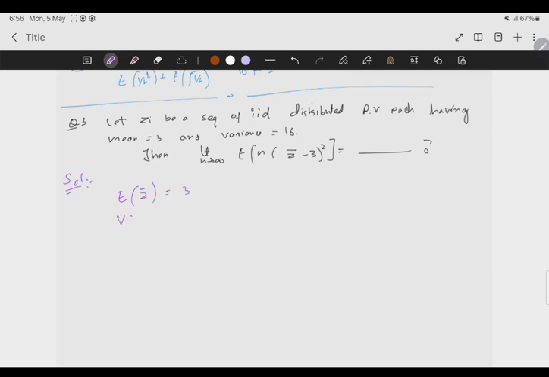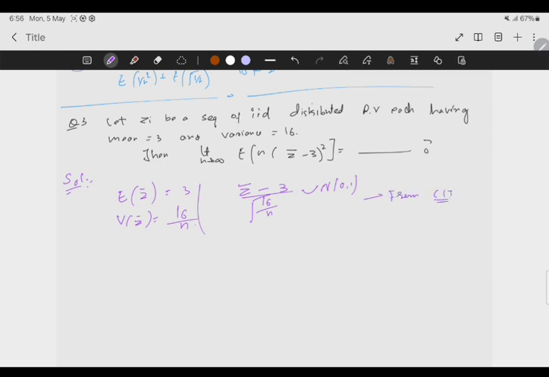That is nothing but 3. What's variance of Z bar? That is 16 upon n. We don't know n. So we say that Z bar minus 3 divided by root of 16 upon n will follow normal 0, 1 from CLT, from central limit theorem.